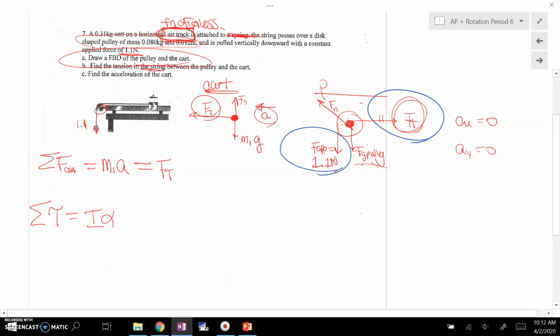Okay, and again, this is accelerating this way. So that means my applied force times R minus Ft times R. There's no friction in this like that was in the last problem, is equal to I times alpha.